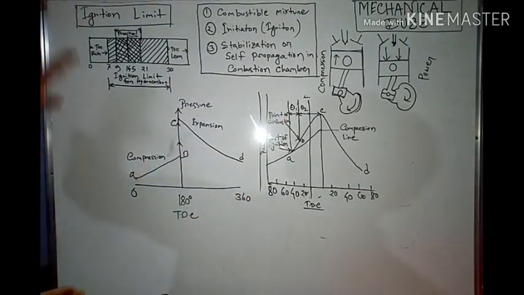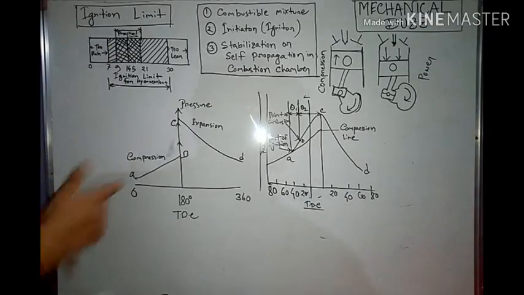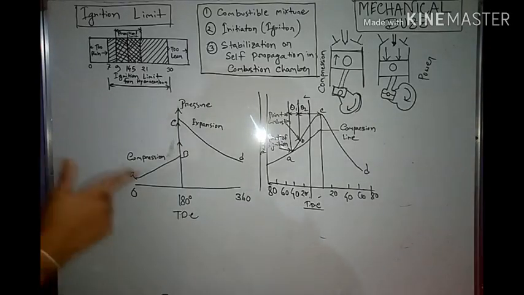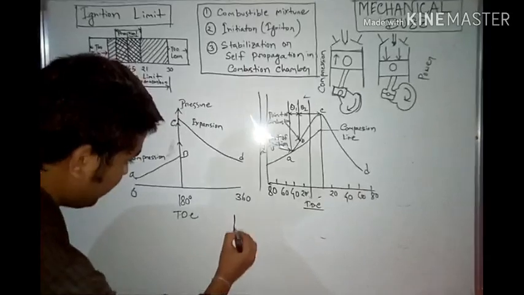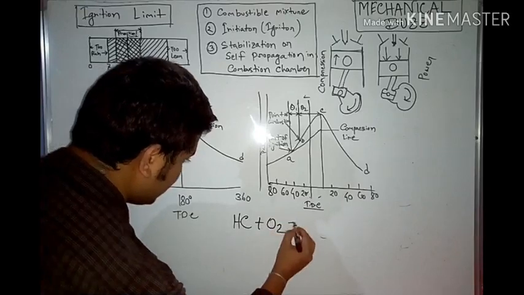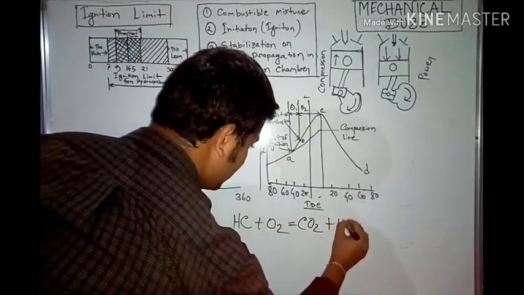Before understanding the ignition limit, we need to understand the idea of the air-fuel mixture. As we discussed last night, the fuel contains hydrocarbon and the air contains oxygen. The result is carbon dioxide and H2O, water.